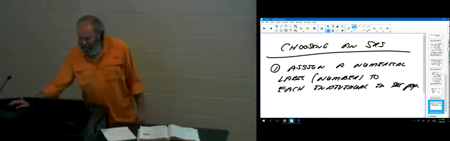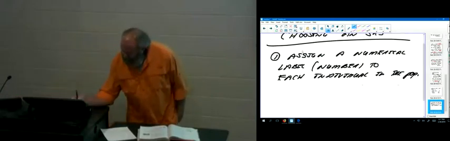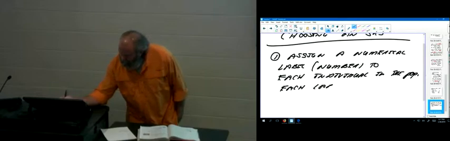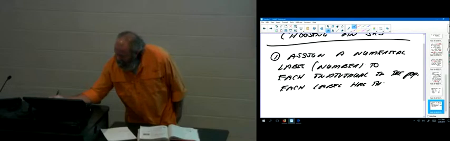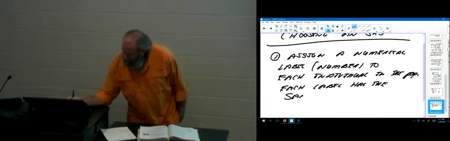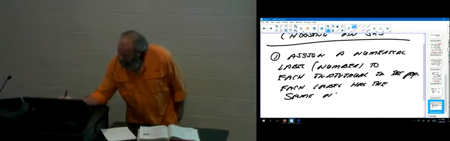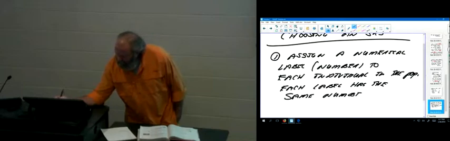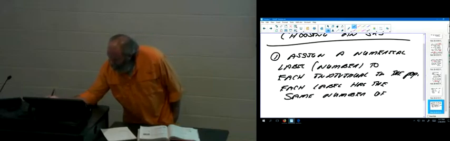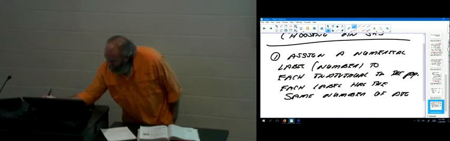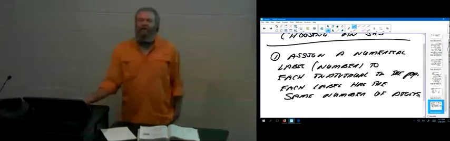Now, there's a catch about this numerical label. The catch is each label has the same number of digits. I know that's unnatural.